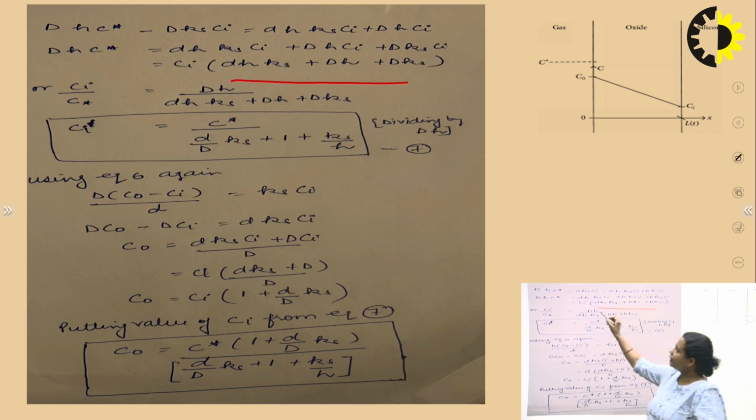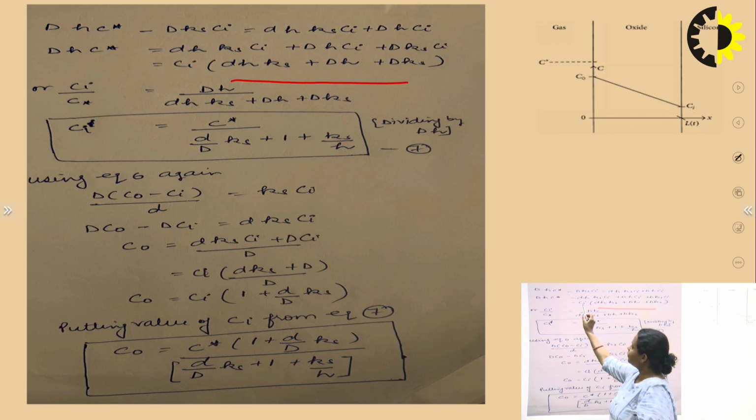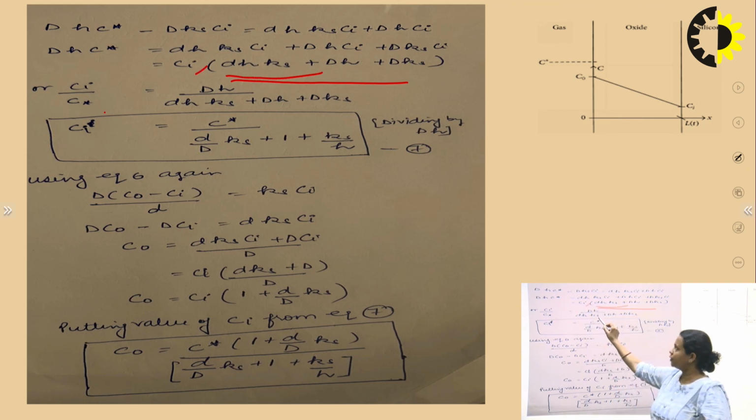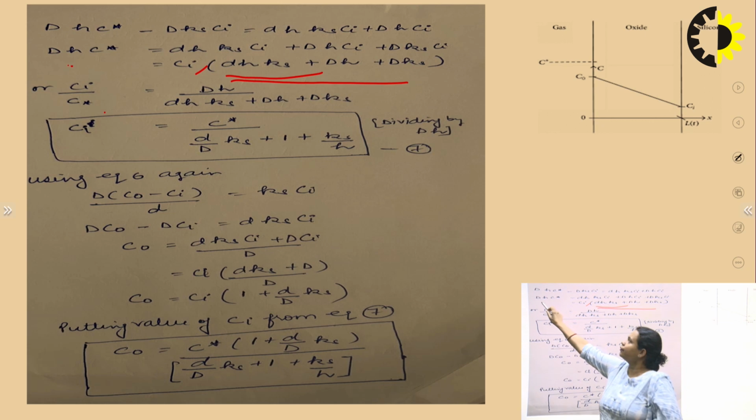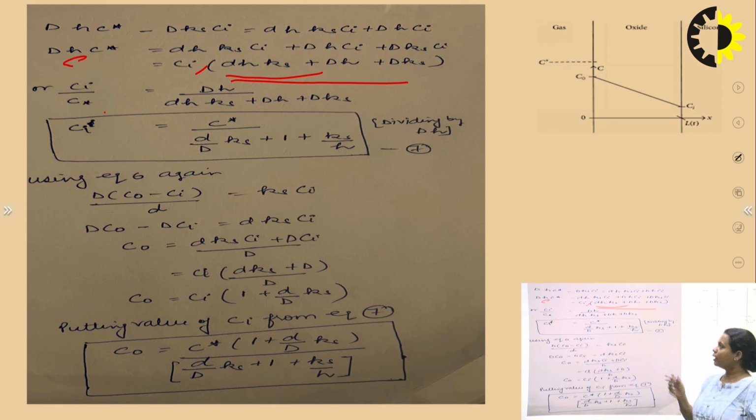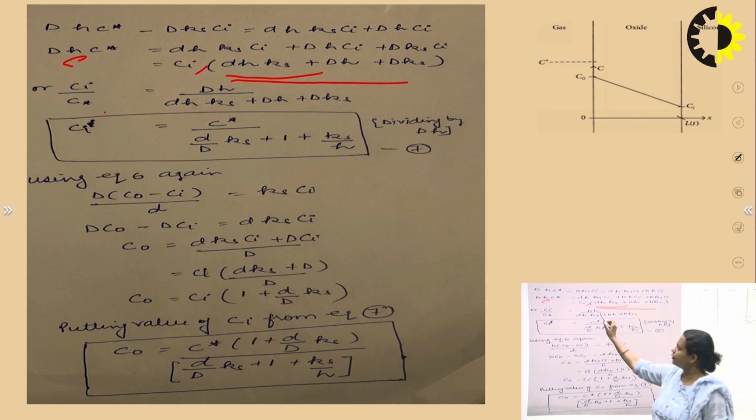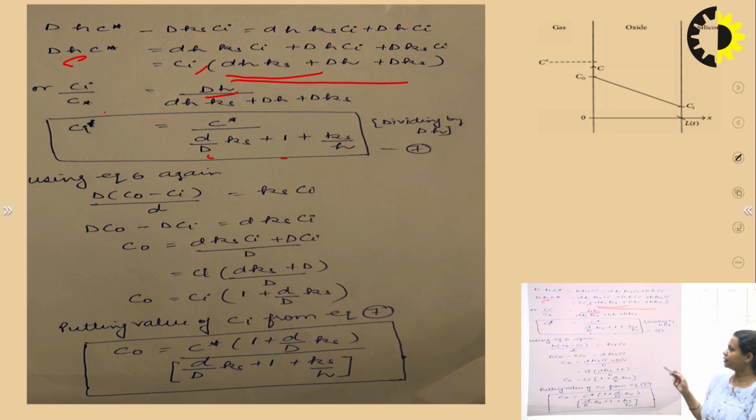Now what I have done is I have used Ci upon C star, and this whole term will go in the denominator part, and in the numerator we are left with dH. So I have divided this whole equation by dH, so this dH will get cancelled and above this you will get this equation. This relation is between the concentration Ci and the concentration C star.